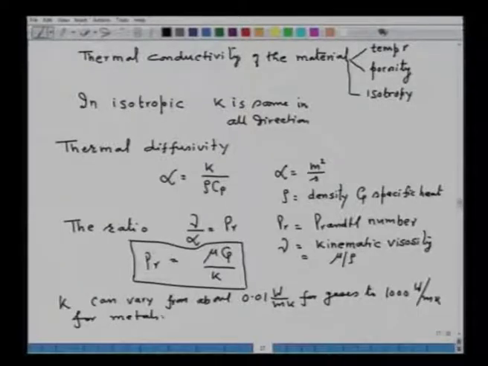So, in Fourier's law of heat conduction, you note that heat flux is equal to K into dT by dy. This is a very important equation, and it interconnects the heat loss and temperature gradient, which depends upon the property of the material, that is the thermal conductivity. Based on this calculation, one can design different materials with different thermal conductivities as required.